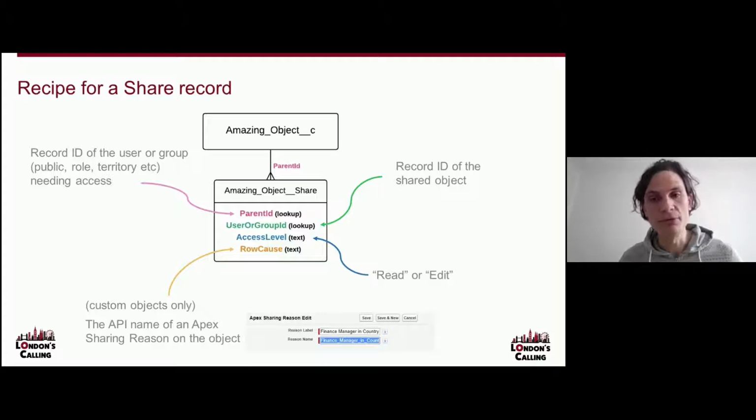So we can have a number of Apex sharing reasons against an object that allow us to group and categorize the types of sharing that are provided within the share table. These can be used both for manual sharing and also for Apex managed sharing.